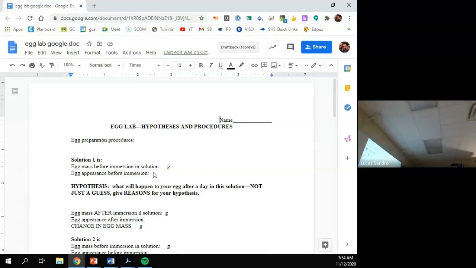Okay, so for egg preparation procedures, first of all, share it with your partner. So one of you share with the other one, so you're working the same document.